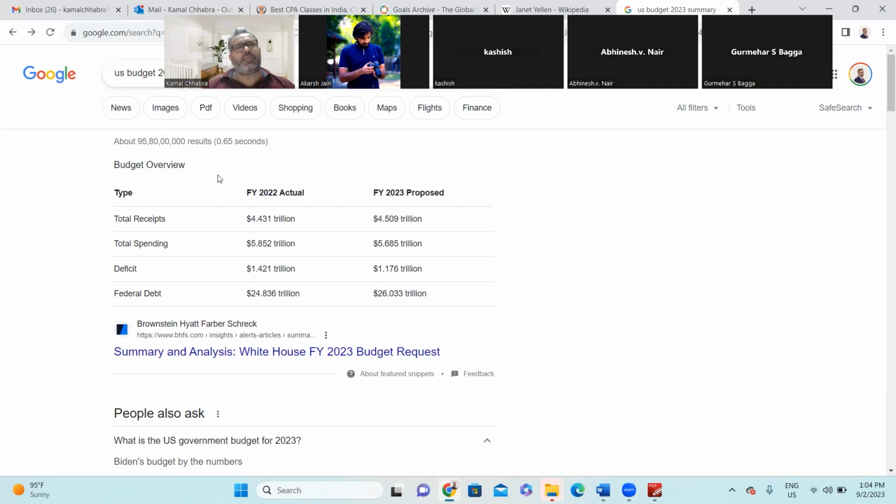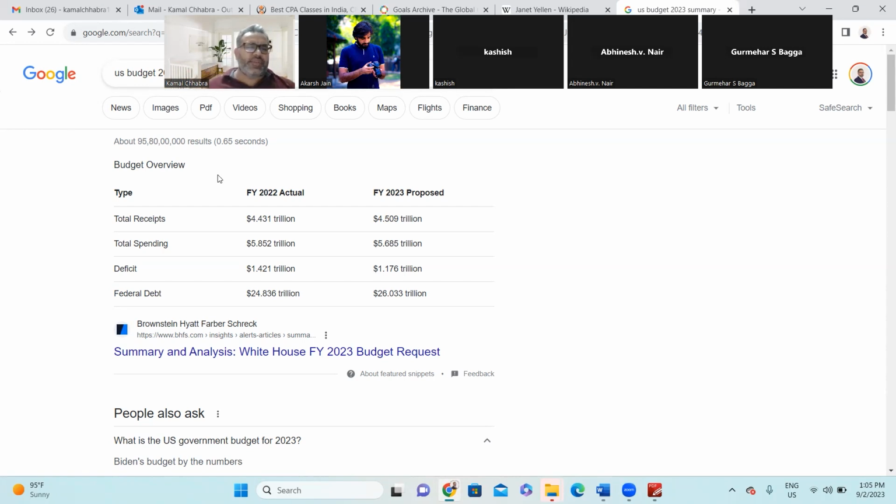The budget is also divided into certain parts, for example the budget for the growth of the economy, and for Medicare benefits. If you have heard any budget speech, I personally have not heard any budget speech of the United States of America, but I have heard more than 20 budget speeches of India, right?